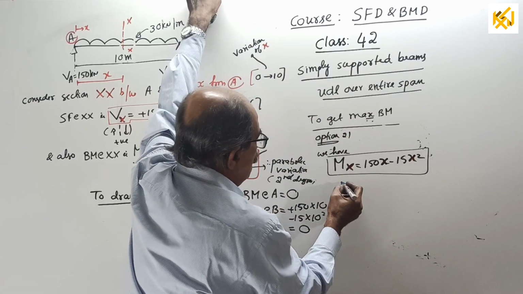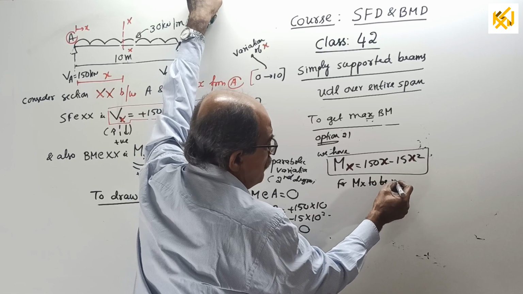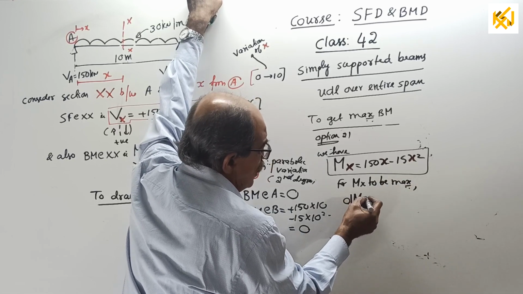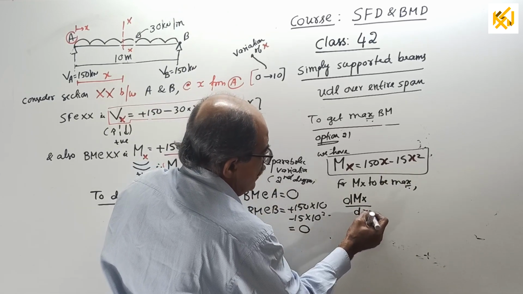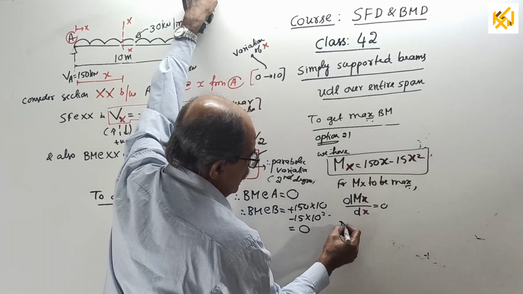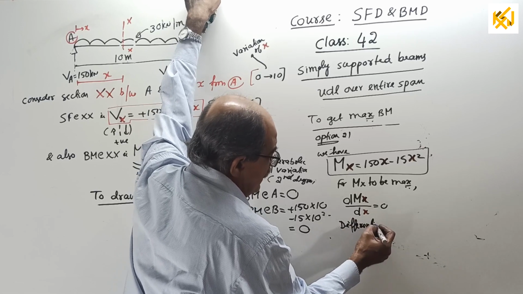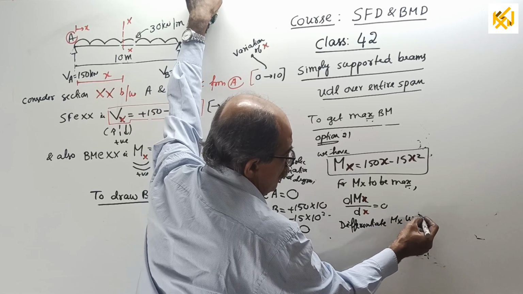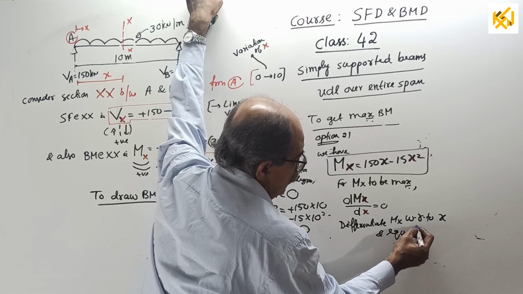So, for Mx to be maximum, mathematically, the differentiation of Mx with respect to x, dMx by dx, should be equal to 0. Differentiate Mx with respect to x and equate to 0.